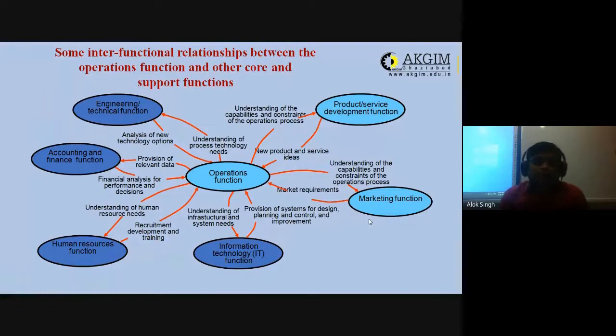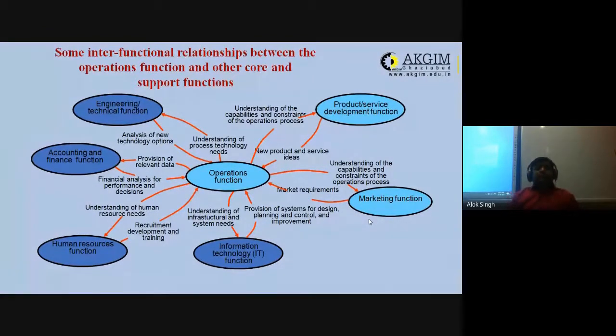All these things will be done by the CRM module. So you need to check understanding of infrastructural and system needs, and you will provide the operations function provision of systems for design, planning, and control and improvement.